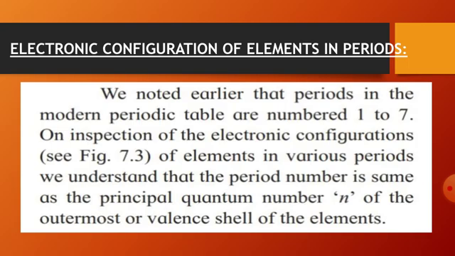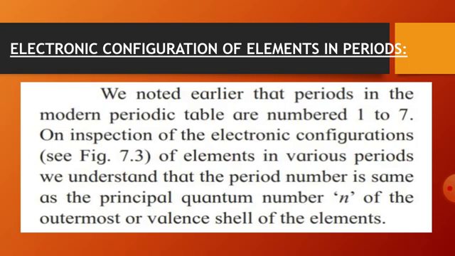On inspection of the electronic configuration of elements in various periods, we understand that the period number is the same as the principal quantum number, that is n, of the outermost or valence shell of the element.